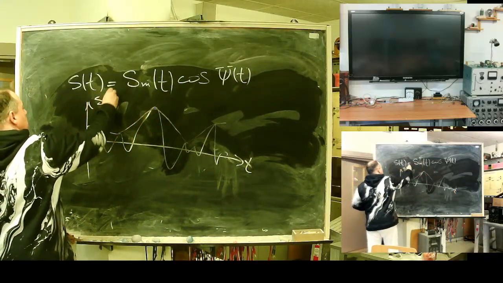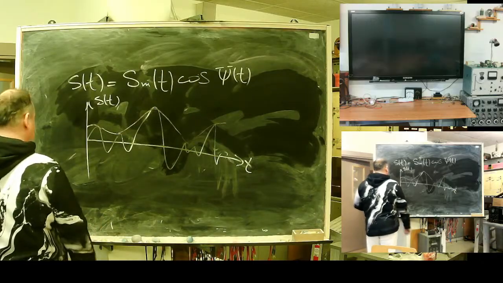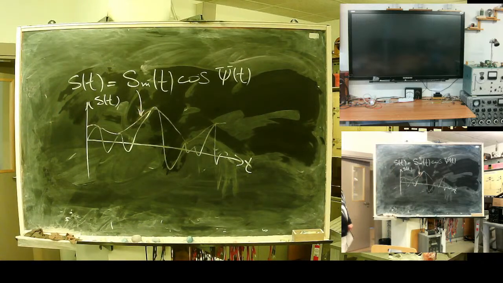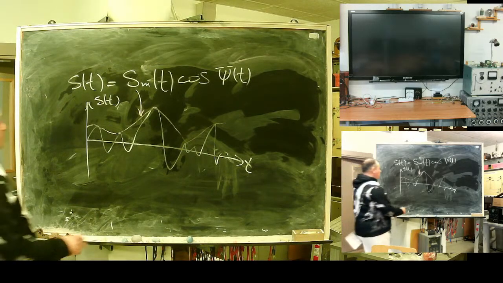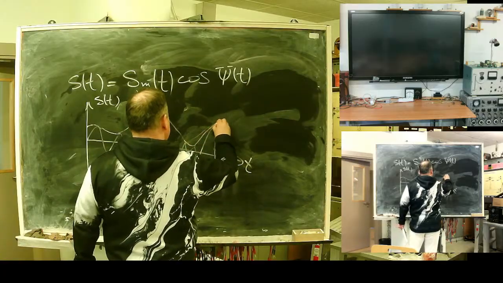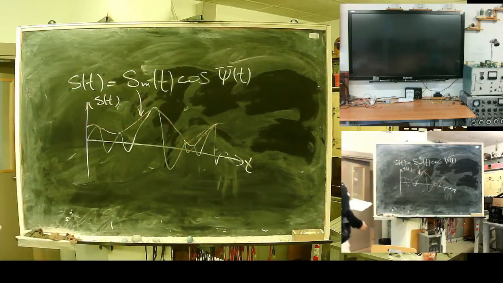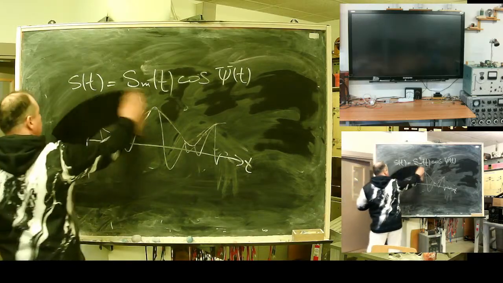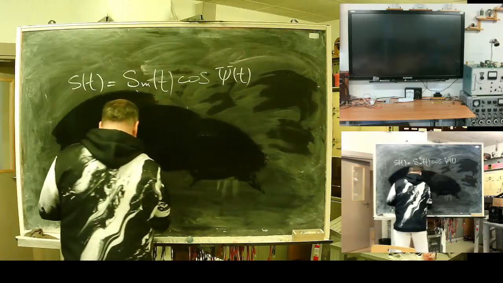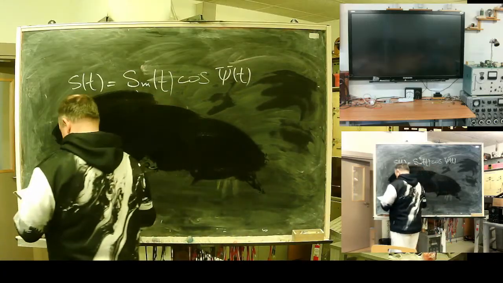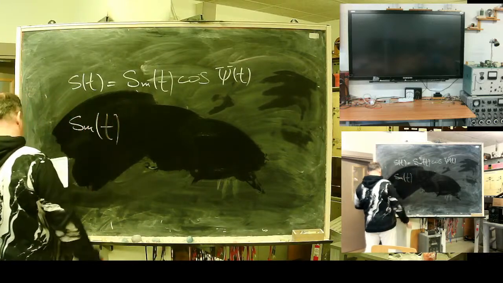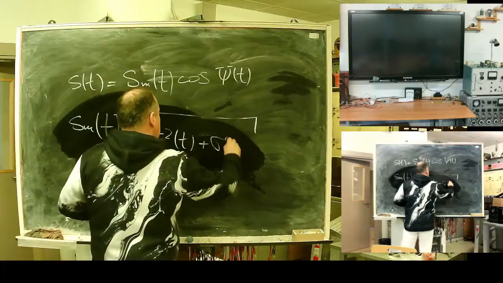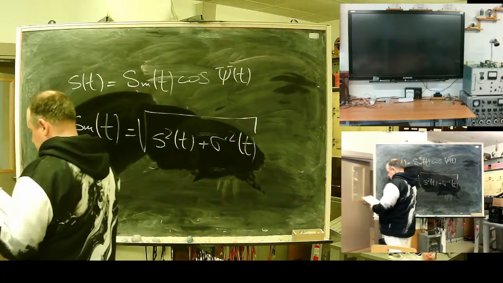The white line is my signal. The red line is a borderline, the envelope. What is it? It's the square root of my signal plus the conjugated signal, in square.